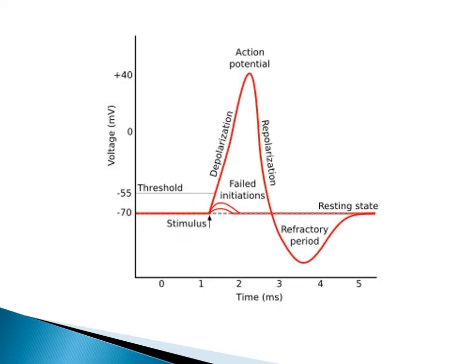So in this part of the graph here, this is where we have overshot and the potassium channels are still open. By the time we get to the trough here of the graph, the potassium channels are finally closed. Sodium and potassium are now on the wrong side of the membrane, but nothing's flowing right now. So this is our hyperpolarization phase.